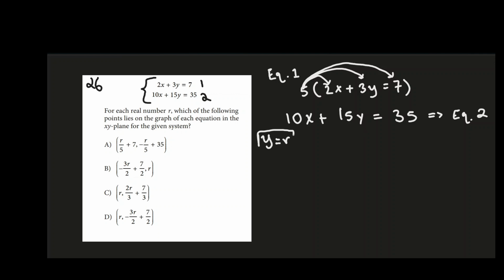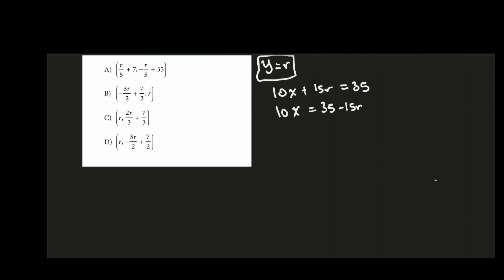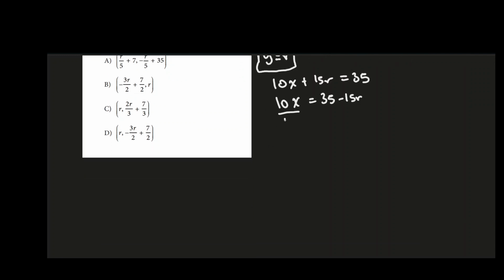So 10x plus 15r equals 35. Subtracting 15r on both sides, 10x is equal to 35 minus 15r. And we divide both sides by 10 to solve for x. This yields us x is equal to 35 minus 15r all over 10.